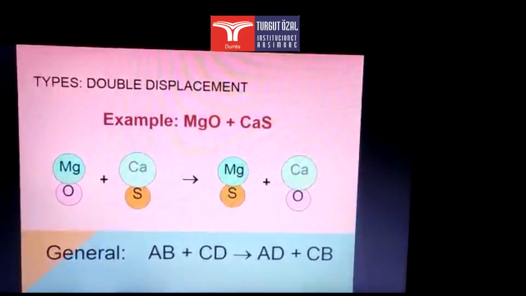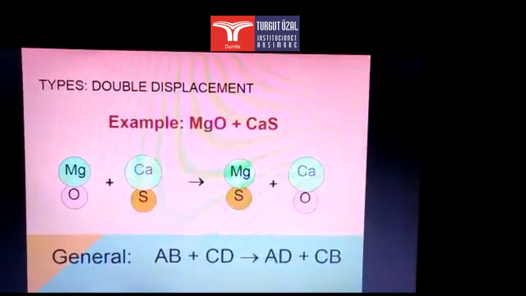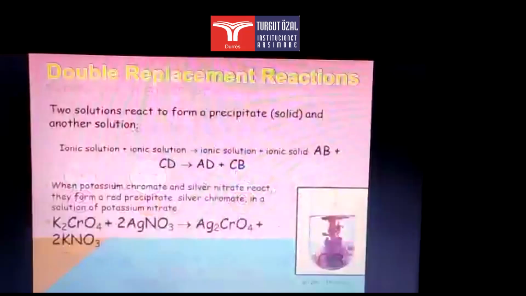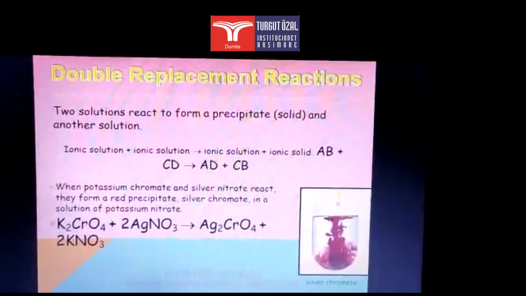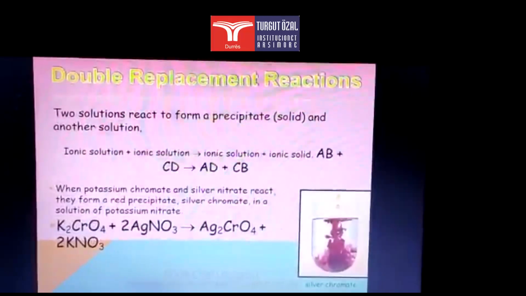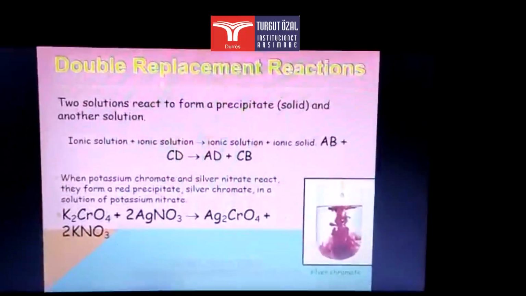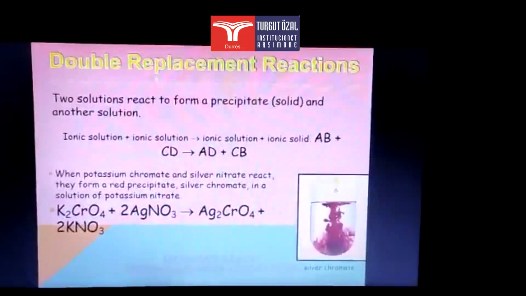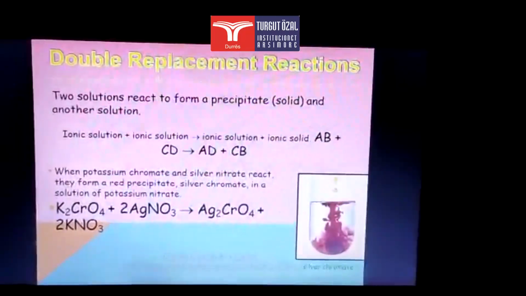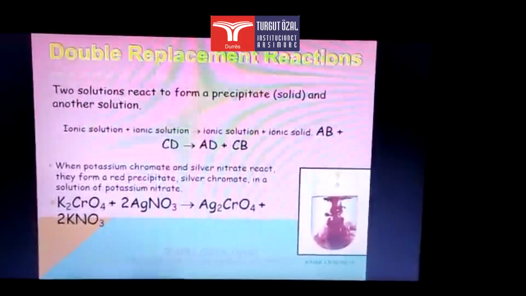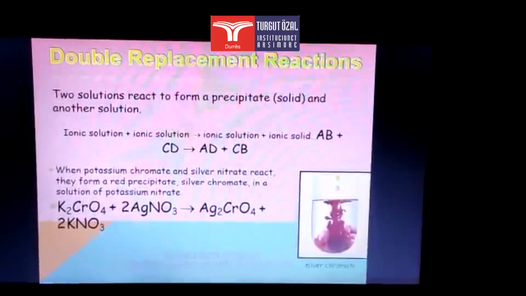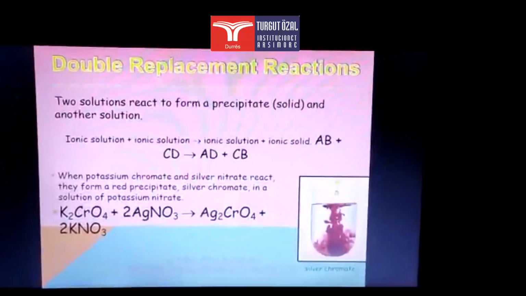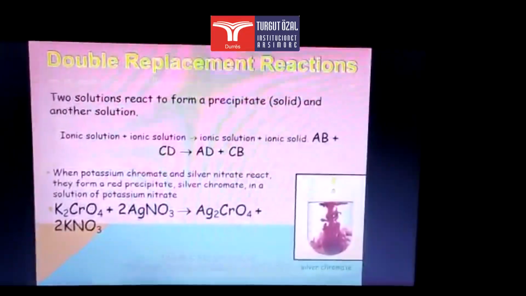The general equation, as I mentioned, is AB plus CD gives AD plus CB. Two solutions react to form a precipitate solid and another solution. Ionic solution plus ionic solution gives ionic solution plus ionic solid. When potassium chromate and silver nitrate react, they form a red precipitate, silver chromate, in a solution of potassium nitrate.